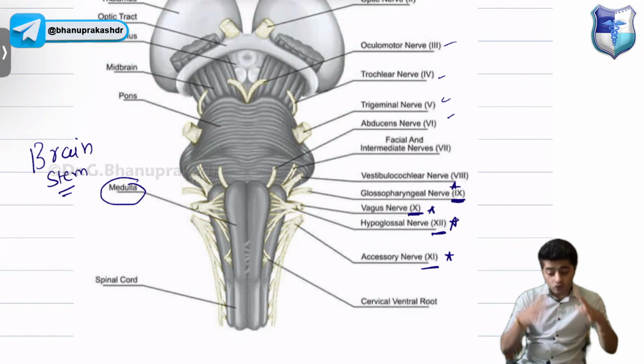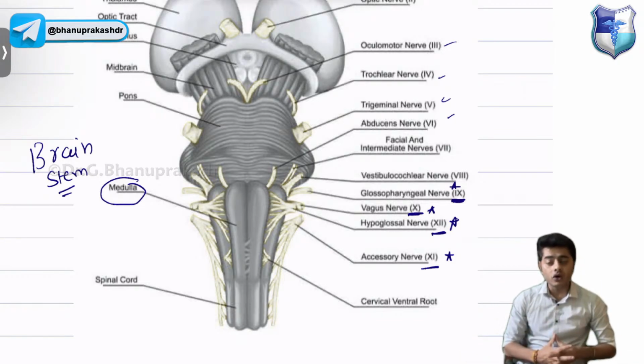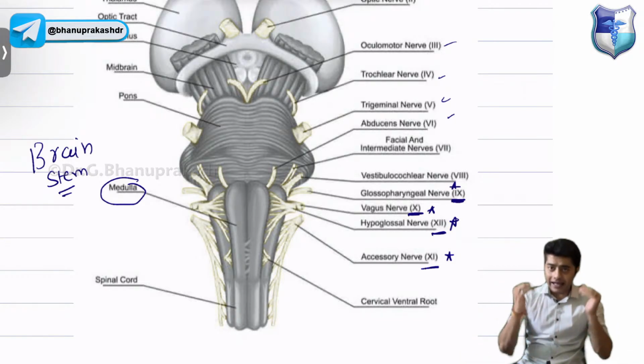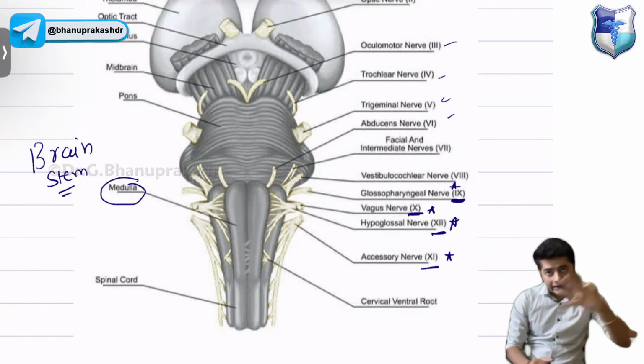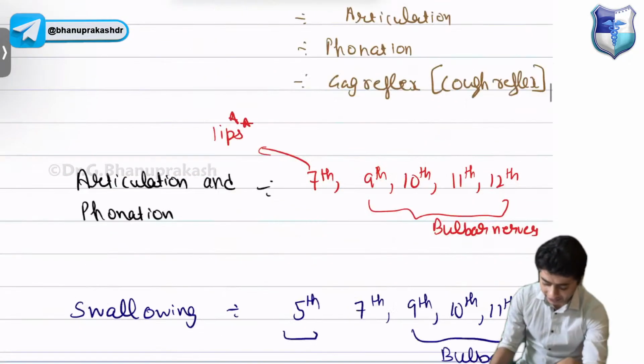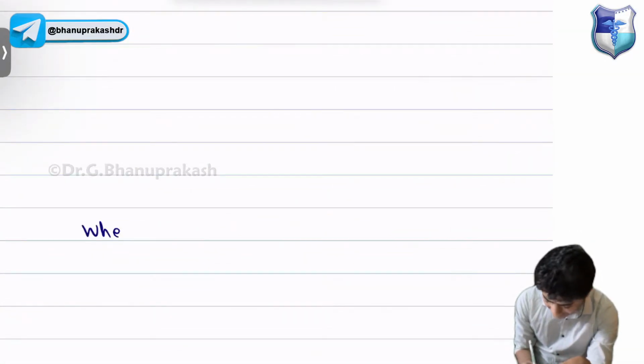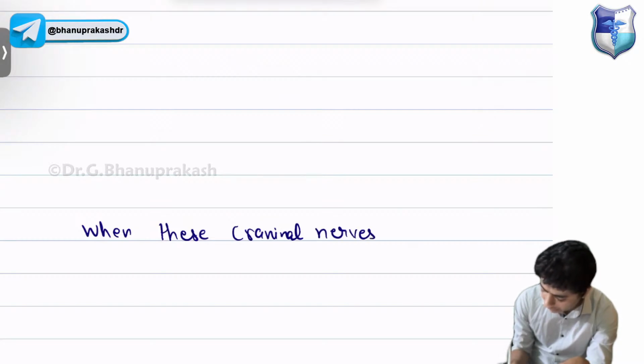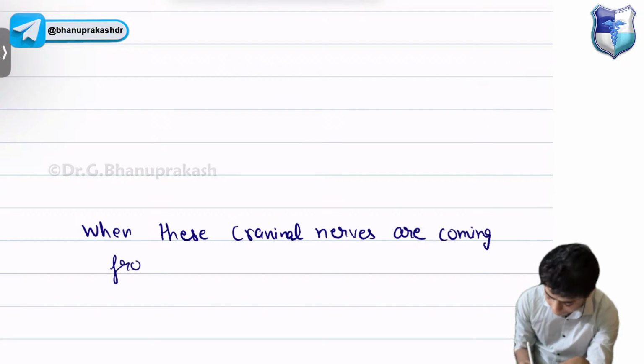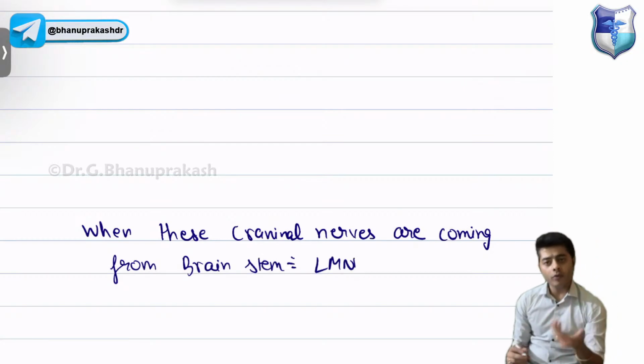So we need someone to control these cranial nuclei also, because these cranial nerves coming from the brainstem are like lower motor neurons.